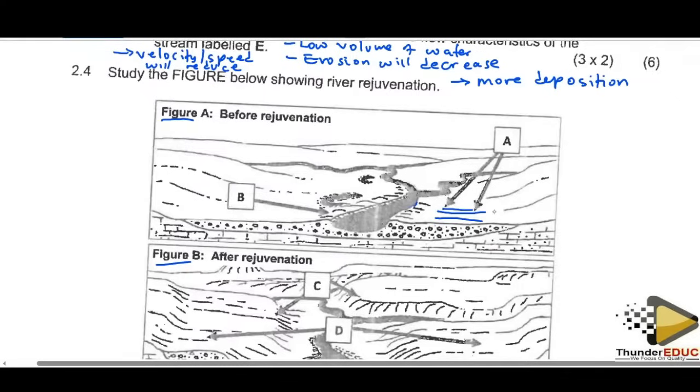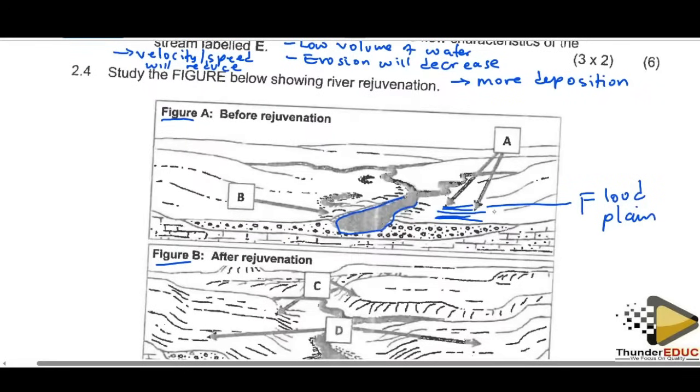And remember, this is the river channel here, right? This is the river channel. So if we see a flat land which is close to the river channel, we refer to this area as a floodplain. So that means feature A is a floodplain.